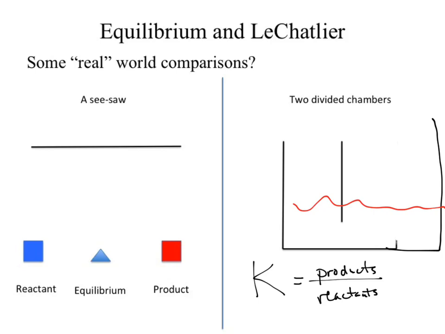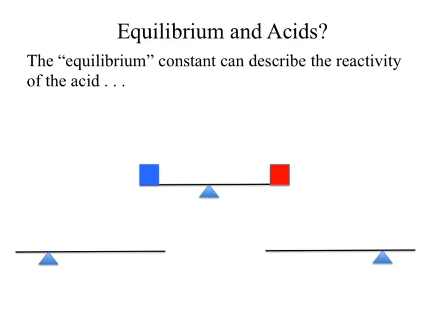So it's kind of a neat process, which is kind of what I was going to talk about on this slide. So what we've got is our reactants going towards our products. What would our K value be for that first, or that top example?